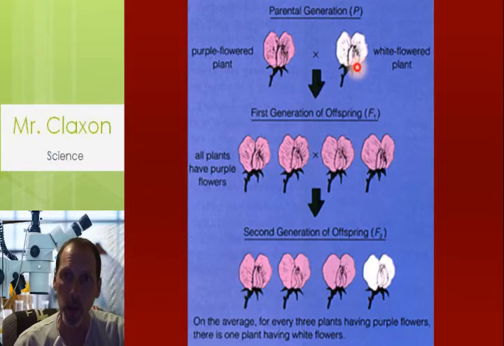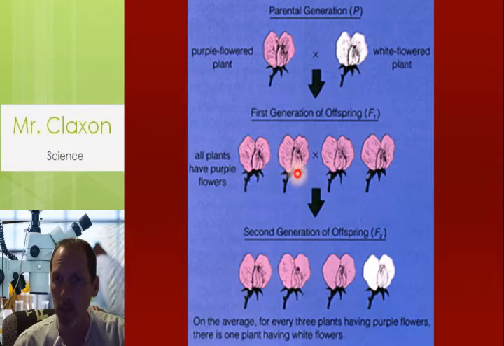So you may wonder, what happened to the white? If you take these and cross them, is it possible to get a white flower? They're showing here you get a white flower. How do you get a white flower out of all pink flowers? Well, what we know now is that a gene, a characteristic, can be hidden. It can be covered up. So it was there in these flowers.